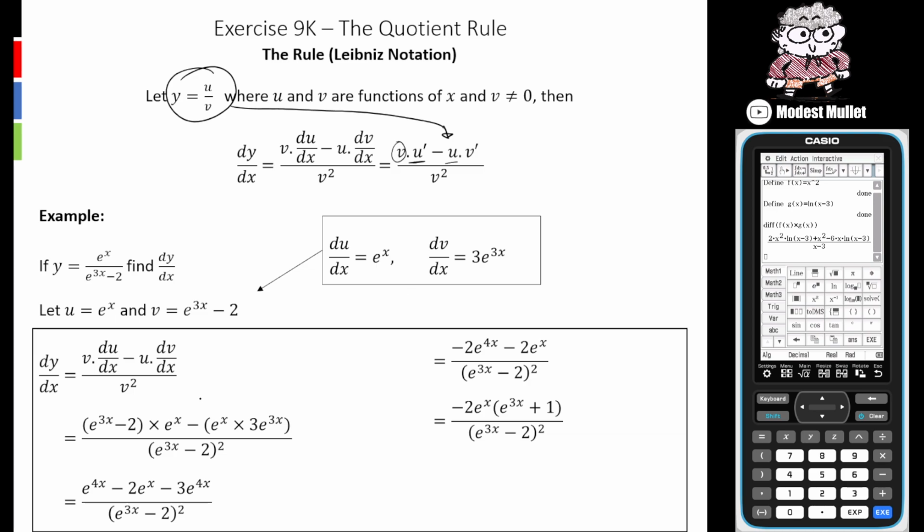And we have an example here. Our numerator is e to the x, our denominator is e to the 3x minus 2. We find the derivative of both of those. Let's get a bit of colour for consistency's sake.